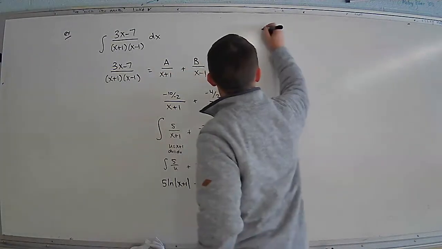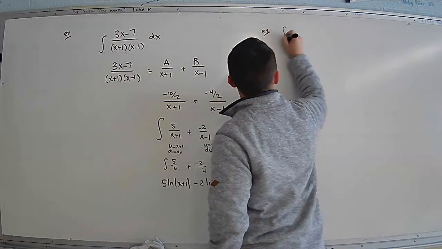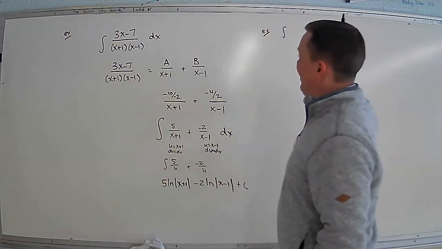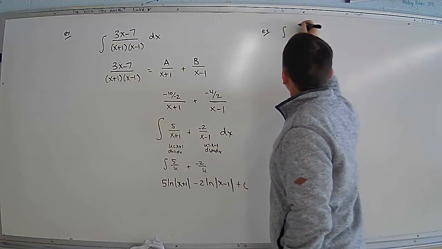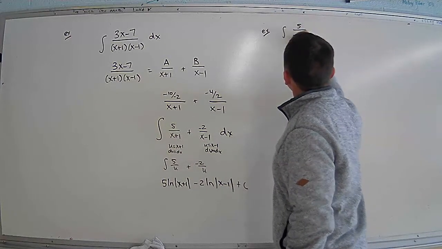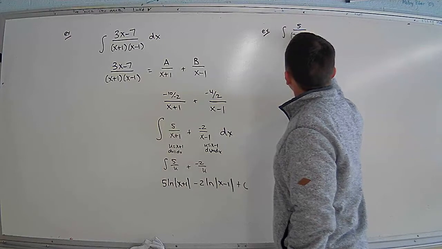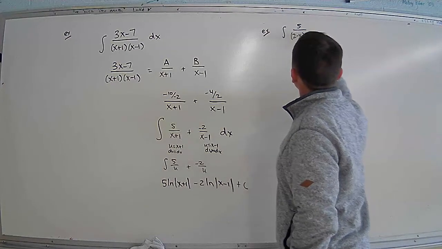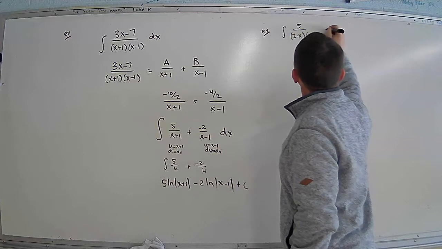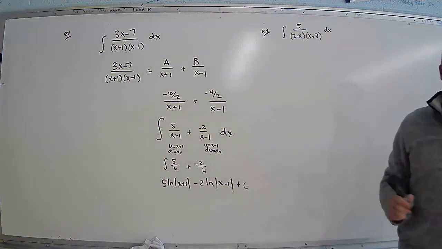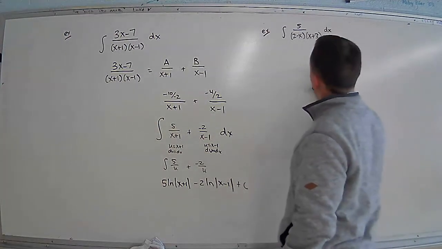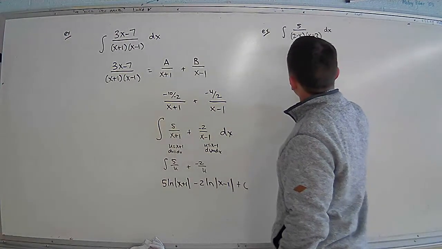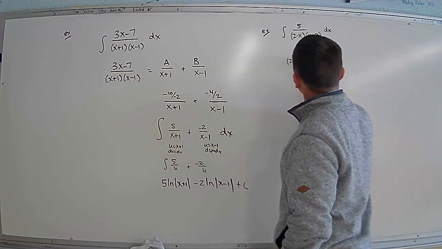Let's do another one real quick. How about 5 over 2 minus x times x plus 3. We're finding the antiderivative here. We're going to take the integrand and break it up into two partial fractions.